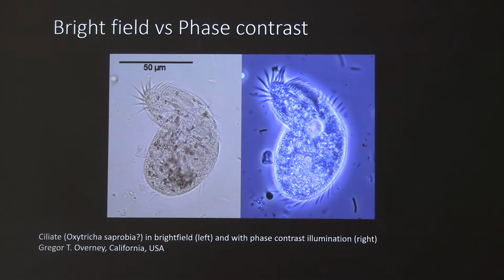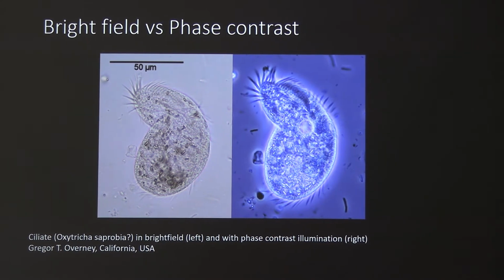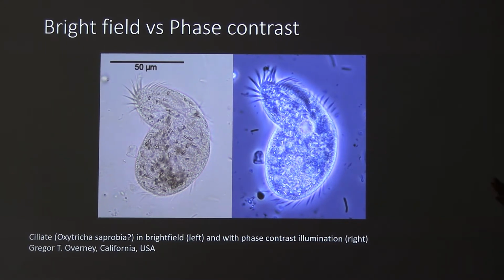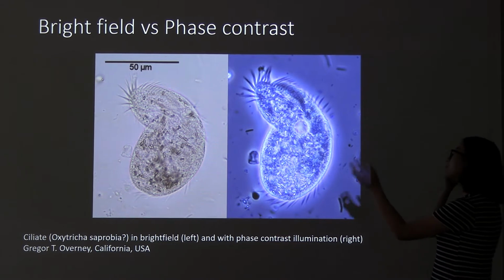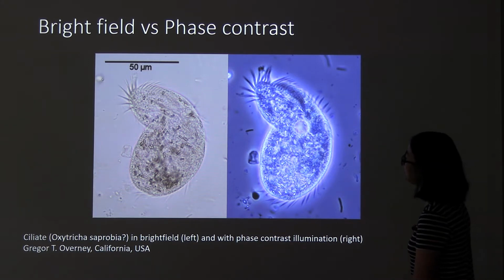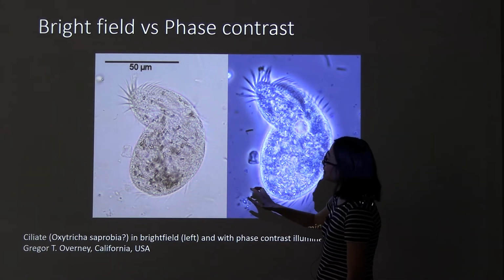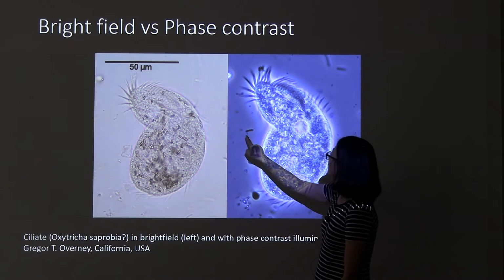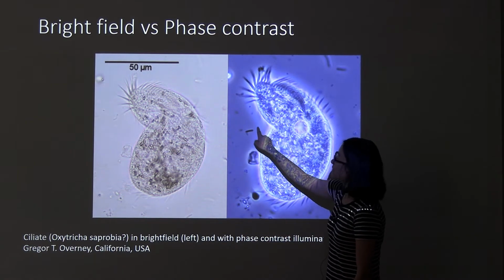Well, in these slides, you can see the same thing observed under the bright field microscope and the phase contrast microscope. What I want to show you here, you can see this is a bacteria.